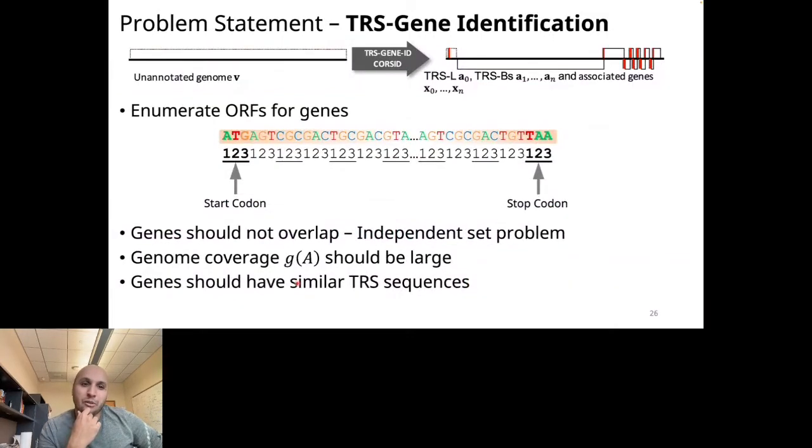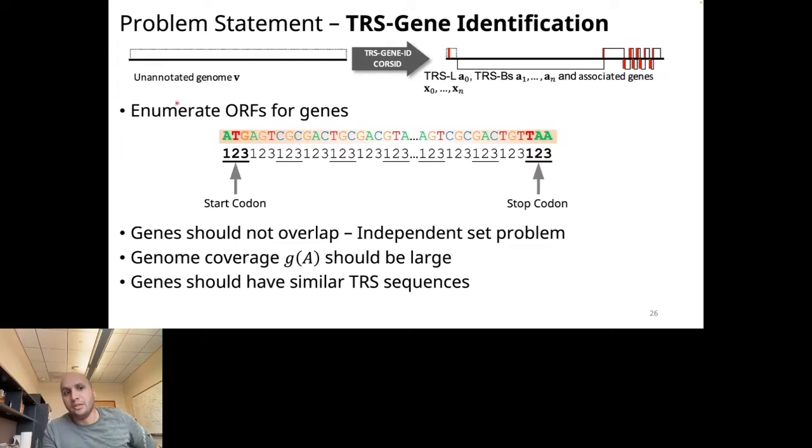So let me just give you a little bit of background. If you have an unannotated genome, what is a gene? A gene has a start codon, ATG, and then you stay in frame. So you start looking at codons one at a time, +3, +3, +3, until you hit a stop codon, right? There are 3 possible stop codons, and 1 start codon.